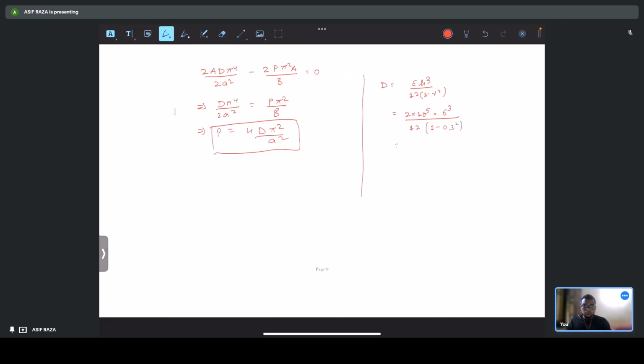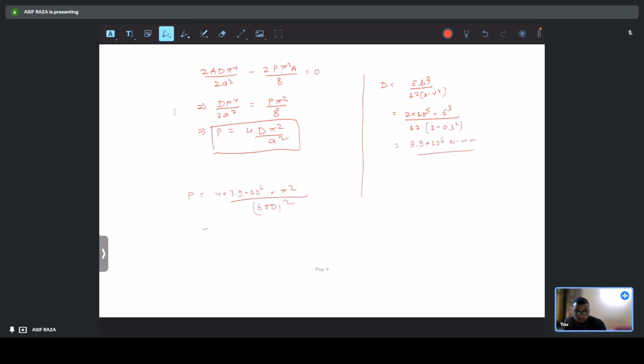So this would be equal to 3.9 into 10 to the power 6 Newton mm. Substitute this in this equation: 4 into 3.9 into 10 power 6 into pi square by 600 whole square.